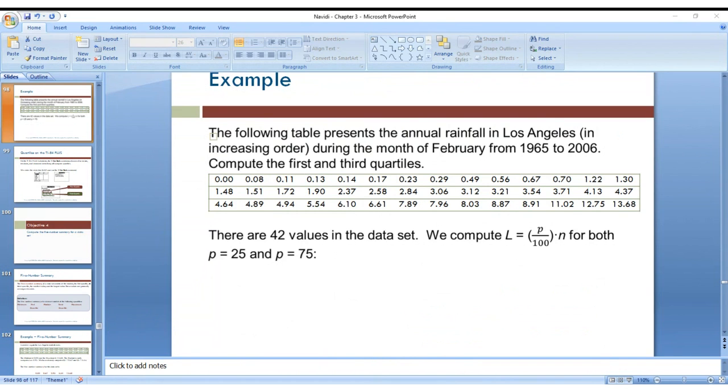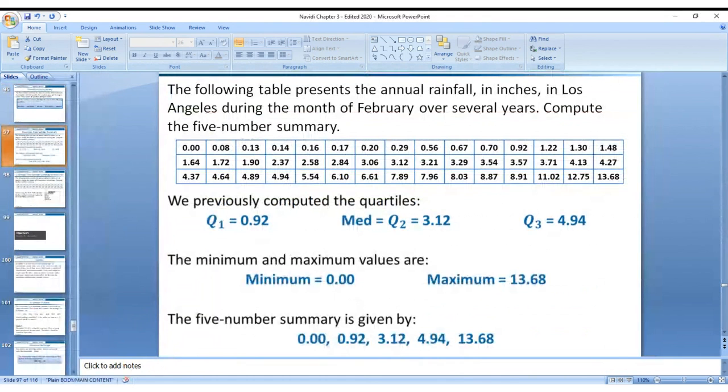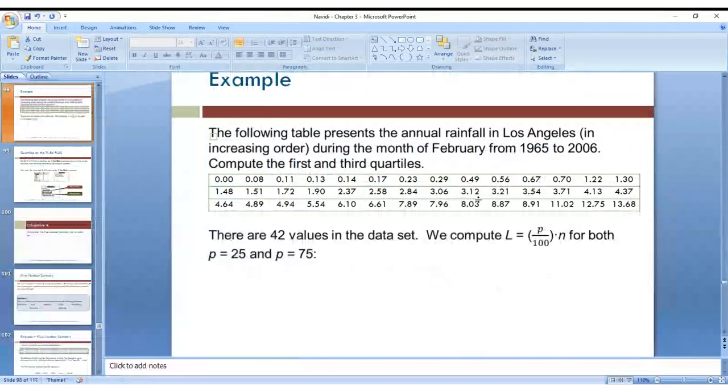So Q1, hold on a second. It was 12, not 9. I'm sorry. 1, 2, 3, 4, 5, 6, 7, 8, 9, 10, 11, 12. 1, 2, 3, 4, 5, 6, 7, 8, 9, 10, 11, 12.